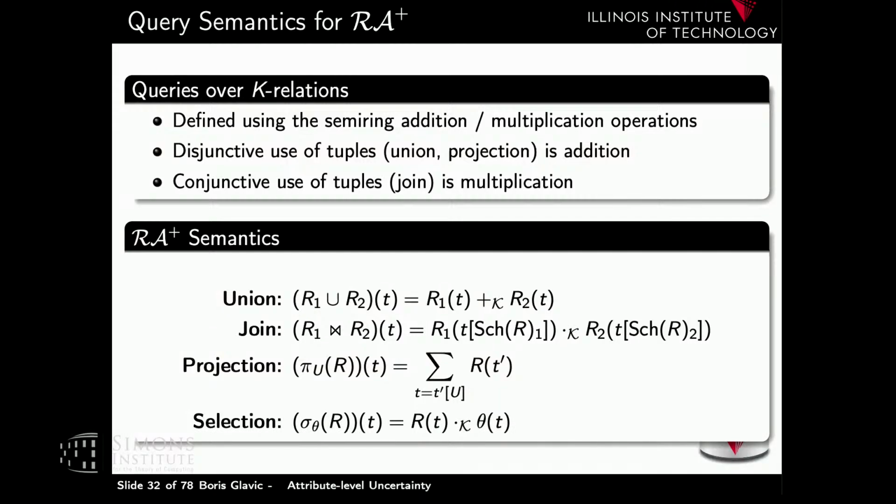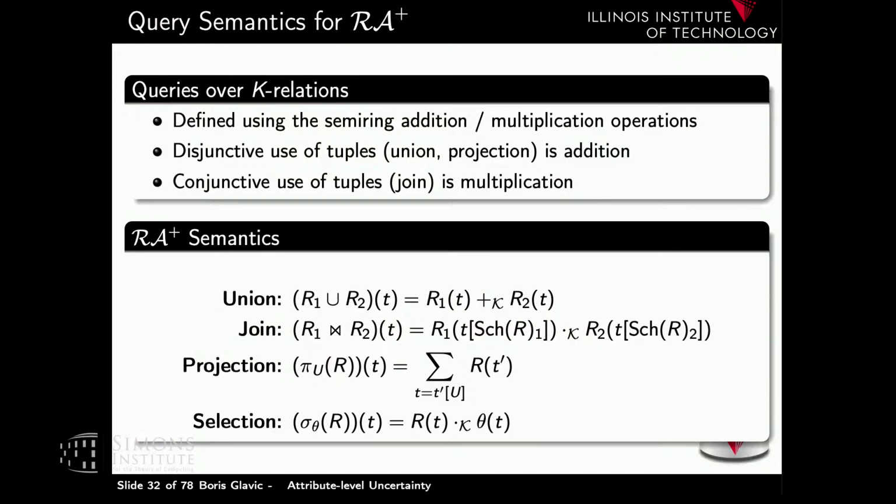Okay, cool. Good. Now, queries over semiring relations. I don't want to go over this again here, where people already know this. But we can define the standard relational algebra in terms of semiring annotations, where union and projection are based on addition, and join is multiplication, and selection is multiplying with an indicator function.